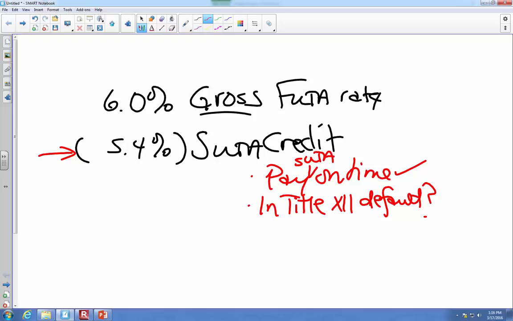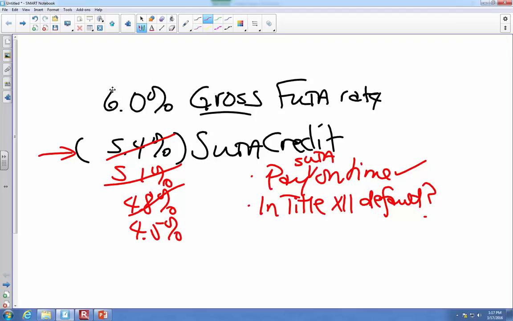And for every year you're in default, this number goes down by what? 0.3. Right? And I think we've got some states that are in 3 years of default.